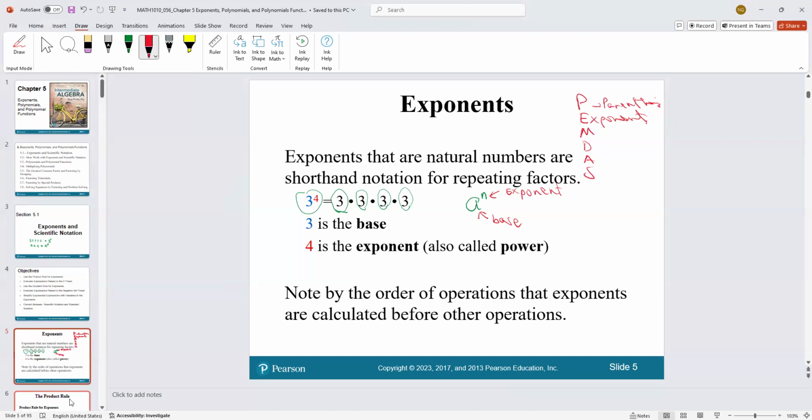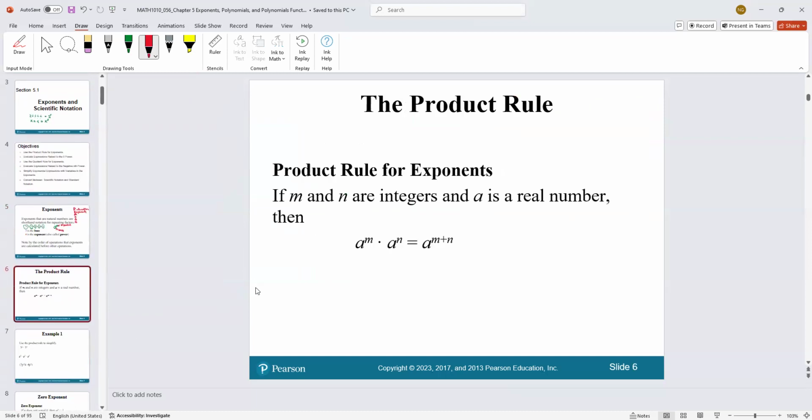So what's the product rule? If m and n are integers and a is a real number, then a power m times a power n equals a power m plus n.